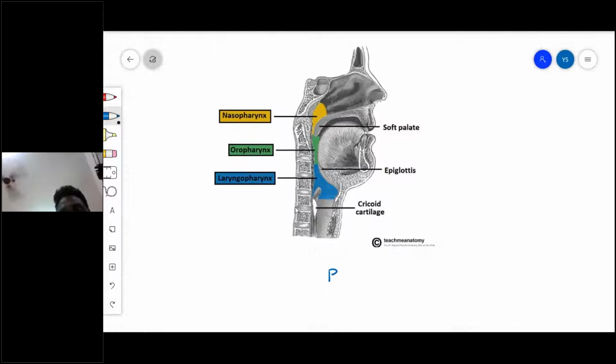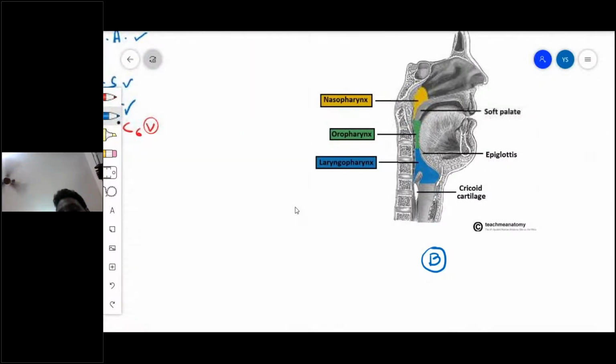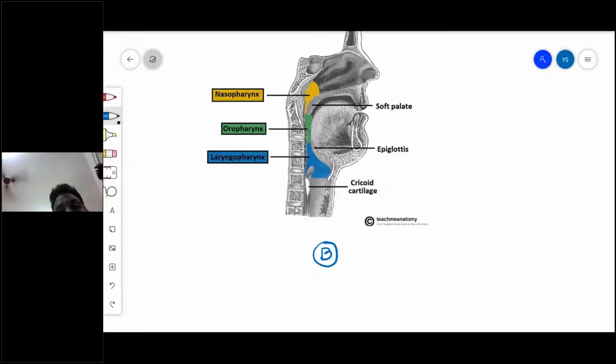This we name picture B, and this one is picture A. Two pictures together. In picture B, we can see the anterior and posterior relations of the pharynx. Already I told you, the pharynx anteriorly communicates with three structures.